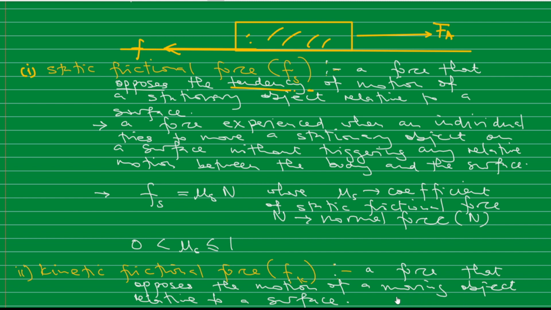So in this case, we have an object that is moving, and therefore there's a force that is opposing that particular movement. Whereas in the static frictional force, we have an object that is not moving, but is stationary, and therefore there's a force that is opposing the tendency to get it to move. So those are the two striking differences between the kinetic frictional force and the static frictional force.